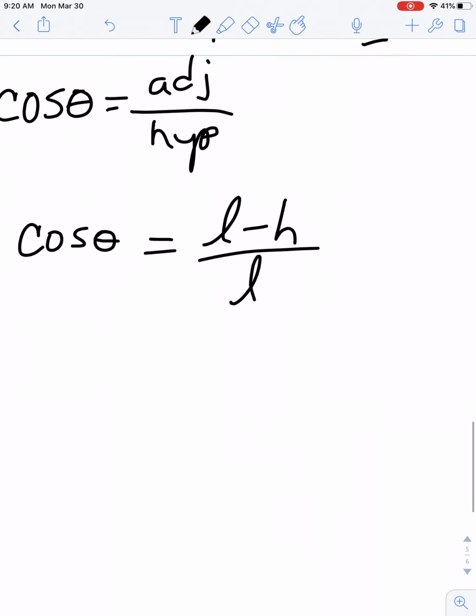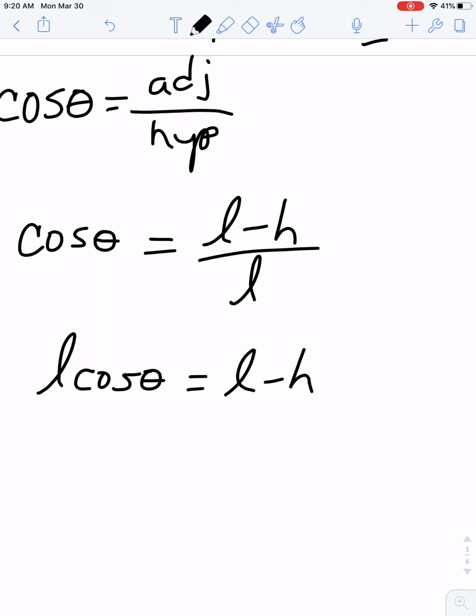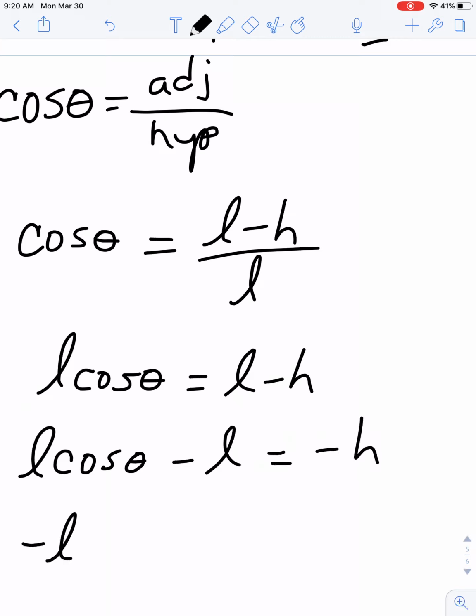So moving down here, we're going to go ahead and multiply both sides by L. So you end up with L cosine theta equals L minus H. And then we can go ahead and subtract L from both sides. L cosine theta minus L equals negative H. We can run a negative sign through the whole thing, right? And we end up with this expression here.